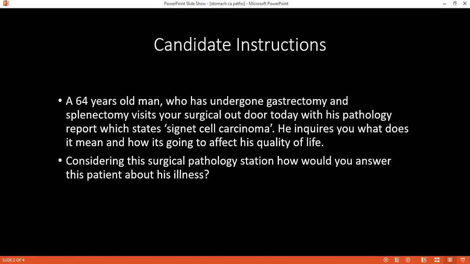Okay, how can one confirm the diagnosis? What are the investigations available? In case of gastric carcinoma, we will do at first CBC, then barium swallow, and then tumor markers CA72-4.